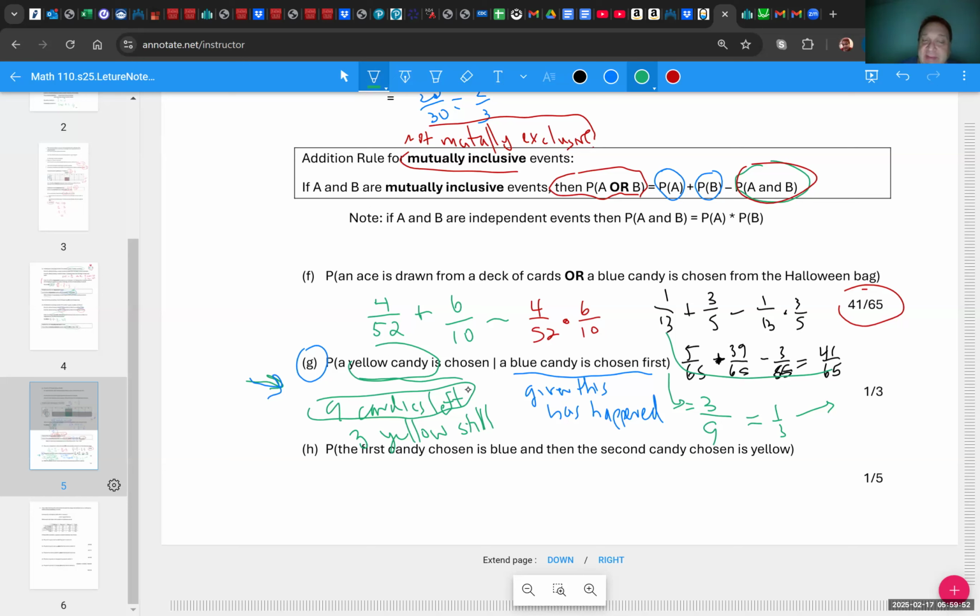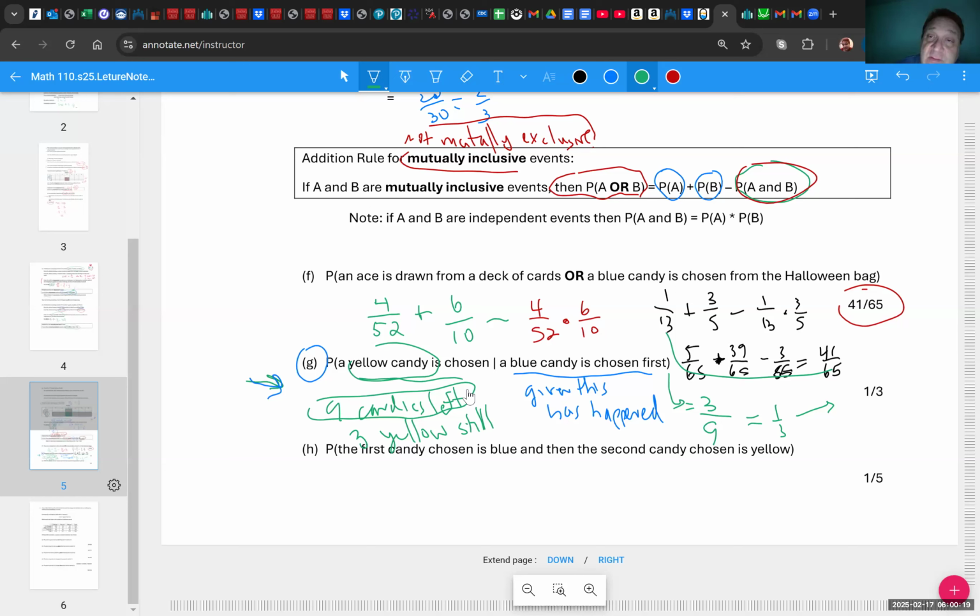All right, my third example here, my last example for this page, we have the probability the first candy chosen is blue, and then the second candy chosen is yellow. A lot of times people see G and H as kind of a similar problem. So just reflect on the fact that G says that we're just looking for the probability the yellow candy is chosen, but we know that a blue candy has been chosen first.